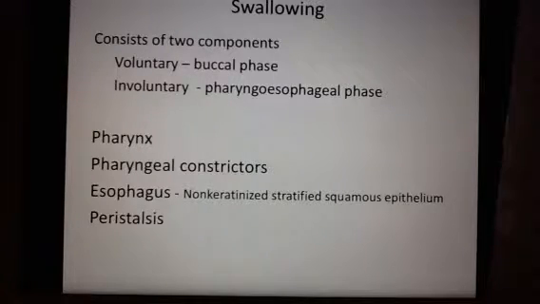Peristalsis is the involuntary contraction, and we're going to see that throughout the digestive tract, but especially here in the esophagus. It's where muscles are contracting for the downward movement of this food. And so we see that first here in swallowing. The pharynx has these constrictors that are muscles to help the swallowing occur.